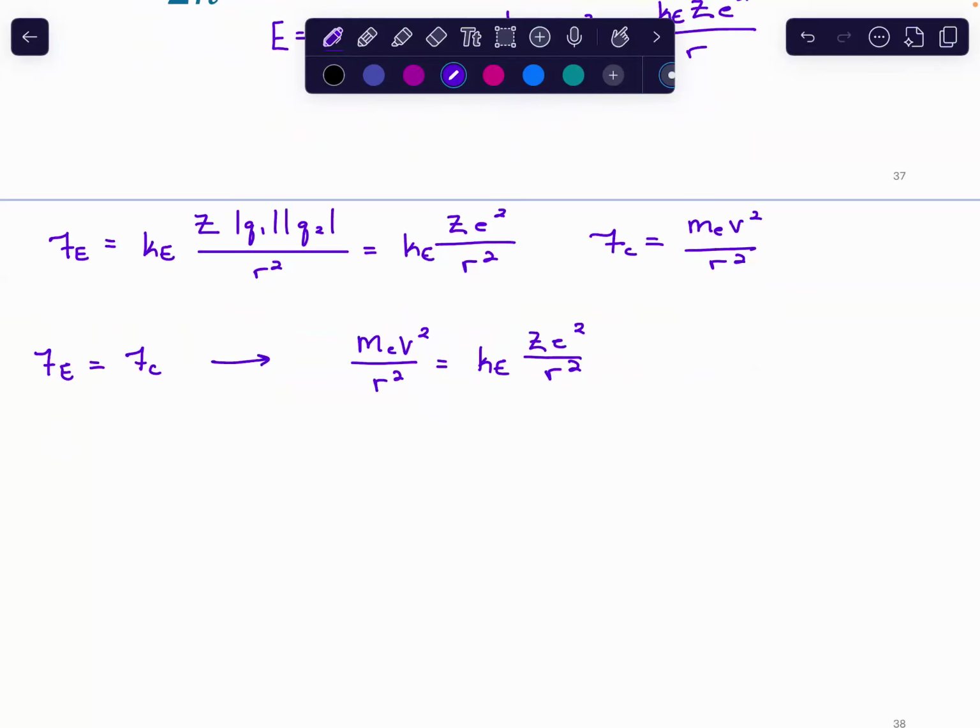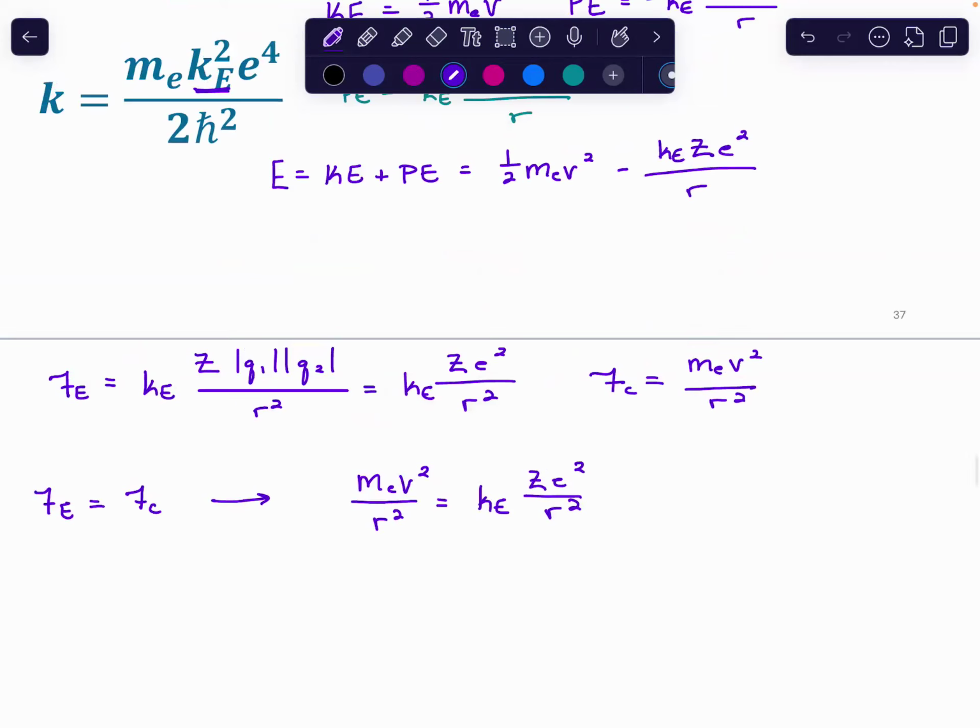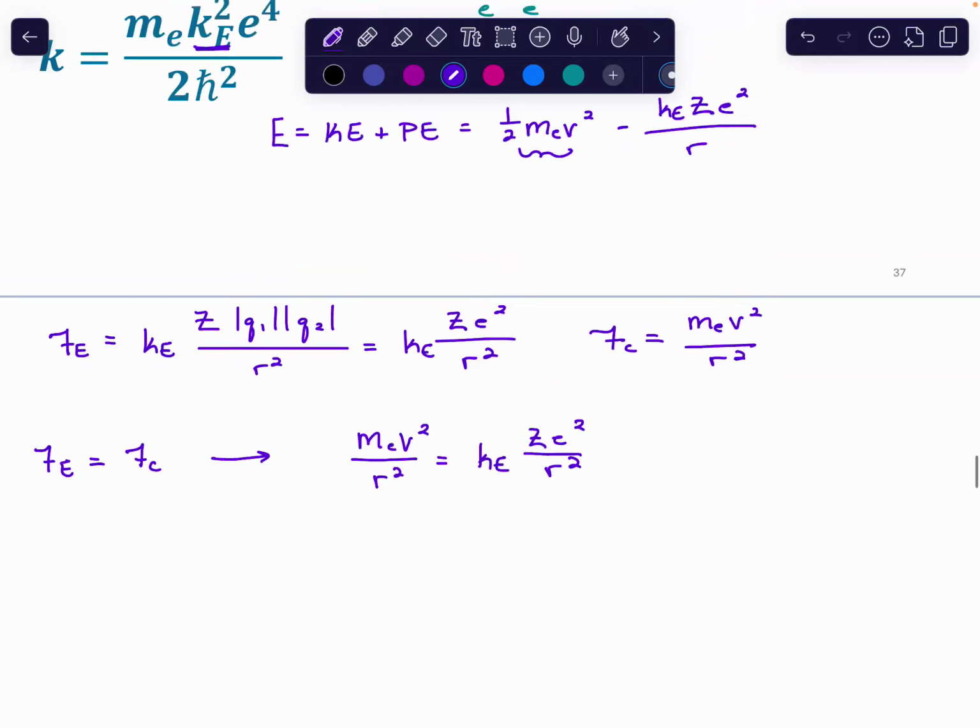And so now we're going to start solving this. So we're going to solve this for M E V squared, because you notice here, M E V squared.